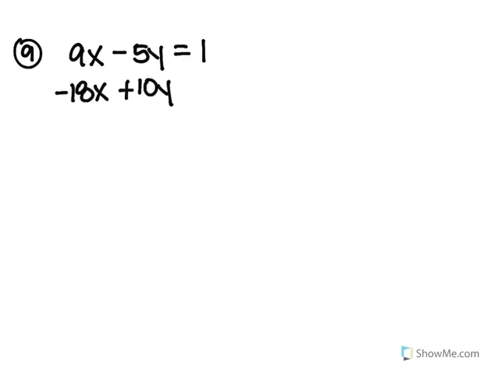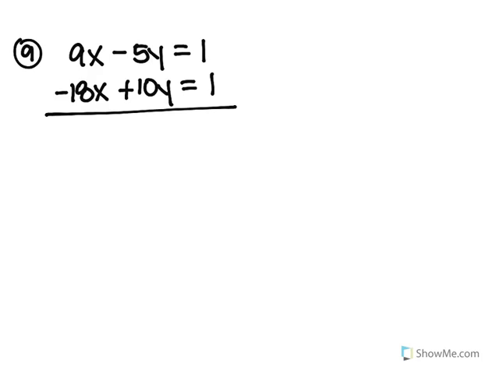Example 9. 9x minus 5y equals 1, and negative 18x plus 10y equals 1. So here my x's and y's are both opposite signs.